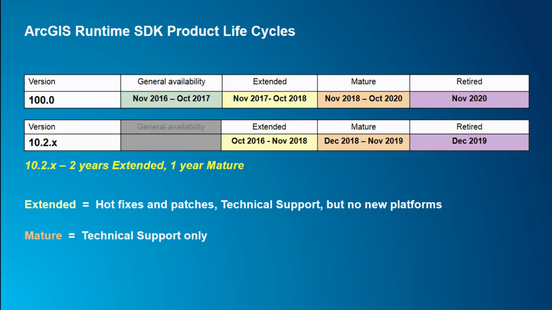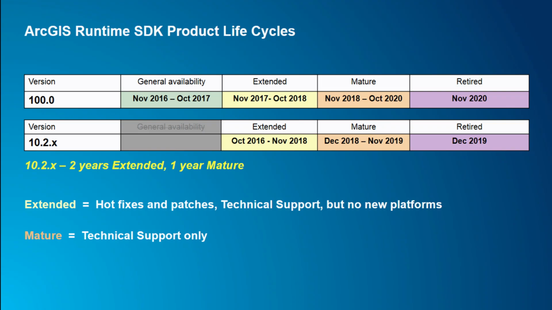You're doing 10.2x projects right now. You're working with that. You already have deployed applications. Have no fear. We have a plan that we think will satisfy everyone that will now bring 10.2x currently into extended support for a period of 2 years through November 2018.